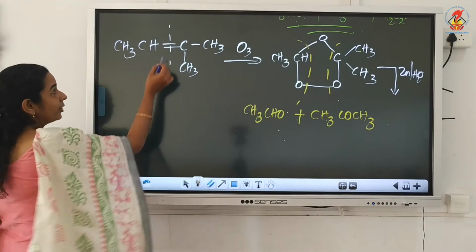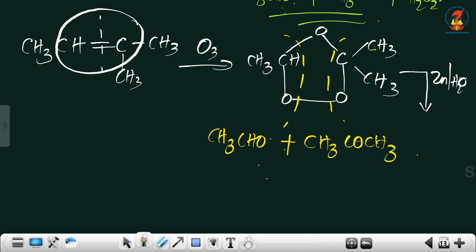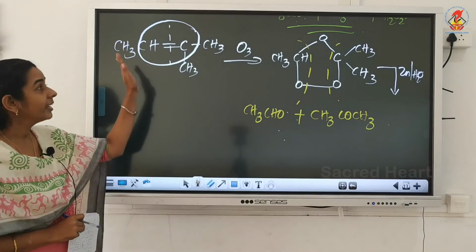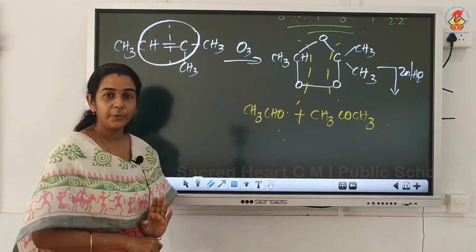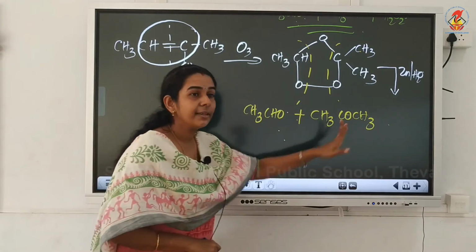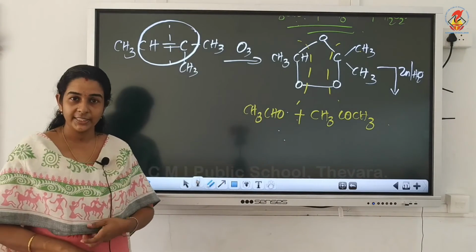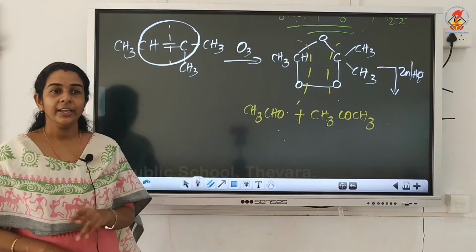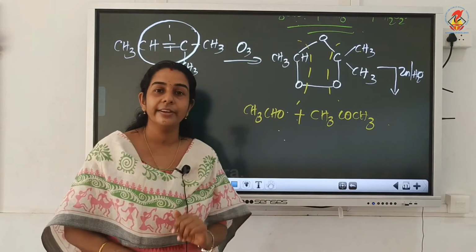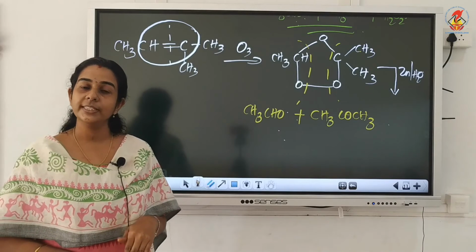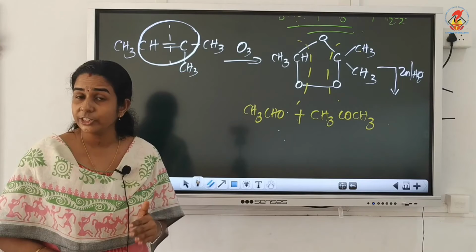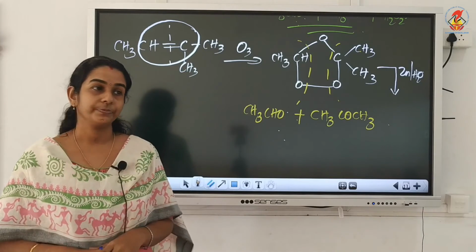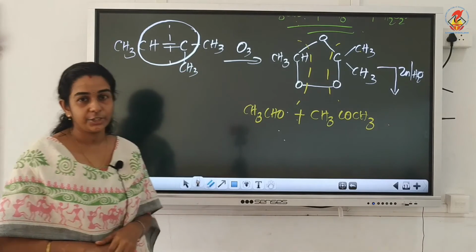Look here, it is CH double bond C. After this reaction, where there is CH, it becomes CHO, and where there is C, that becomes CO. That means, very important point, if the double bonded carbon contains hydrogen, after ozonolysis the product will be an aldehyde, and if the double bonded carbon does not contain hydrogen, the product will be a ketone. So this is about the reaction.